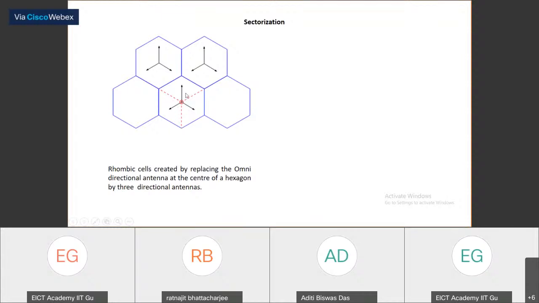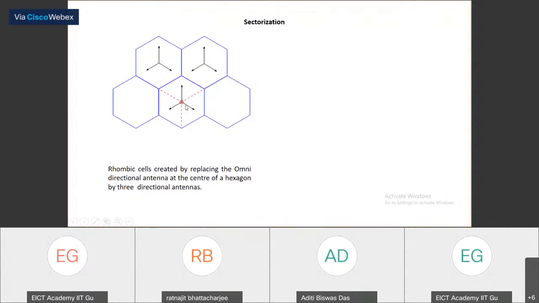So if you have this type of antenna, and this is one antenna placed here, and this is an array giving this coverage, you are going to serve a region which is rhombic in dimension.